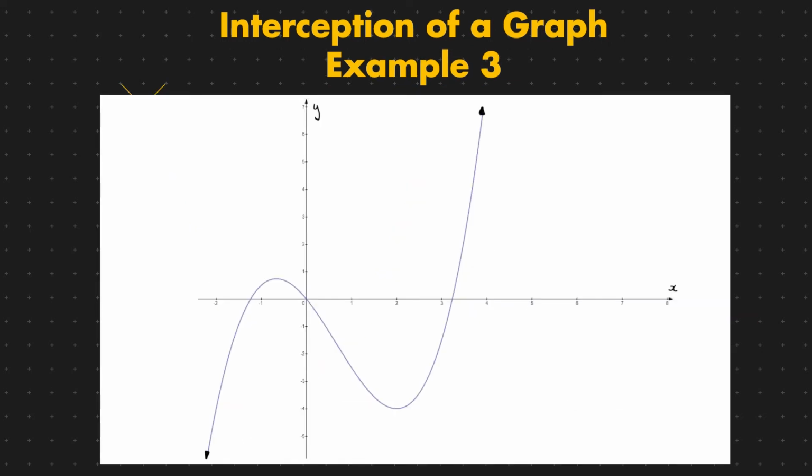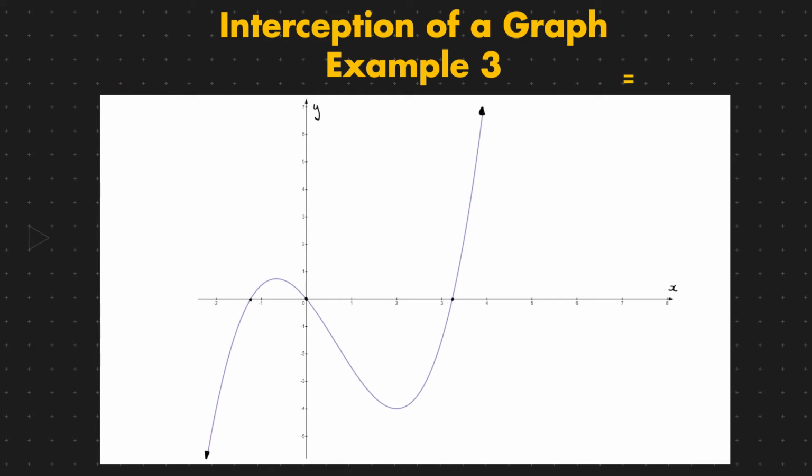In our third example, we have a polynomial of the third degree, and we can see here we will have 3 x-intercepts. The first one is between -2 and -1, then we have an x-intercept at the point 0, and between 3 and 4.